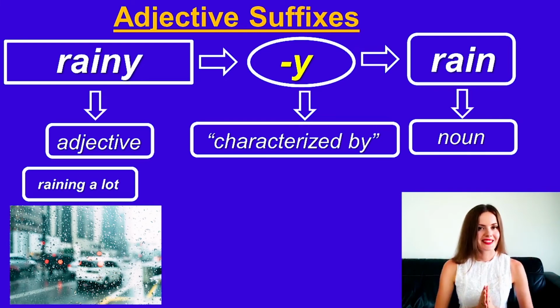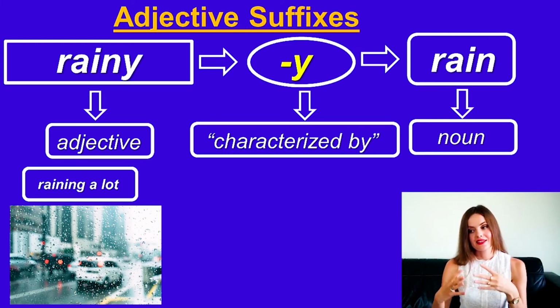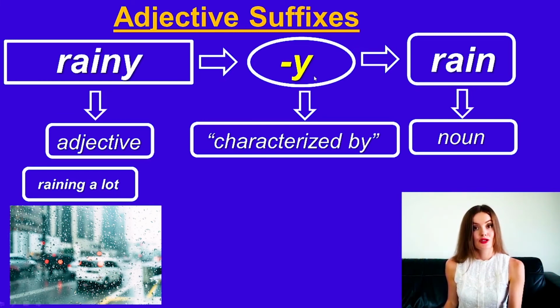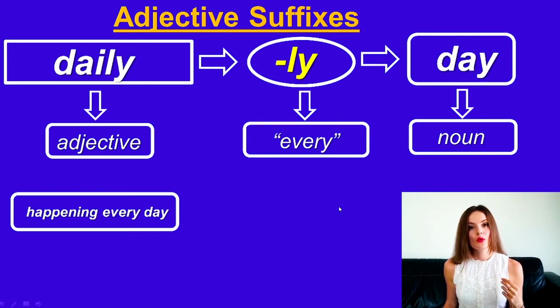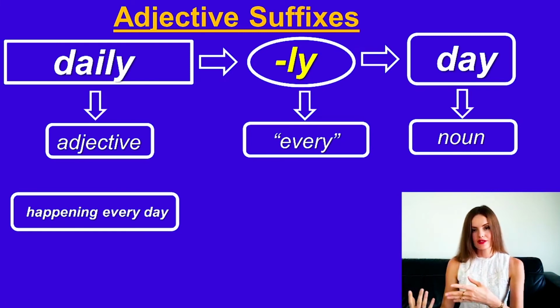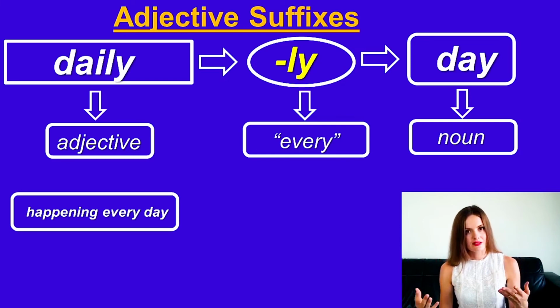At the beginning of this lesson, I said that a suffix is a letter or group of letters added at the end of a word. So in our case, letter Y, right? It's one letter. So a suffix can be even one letter, or like the suffix li, a group of two letters. There can be even three letters, like in us, right?